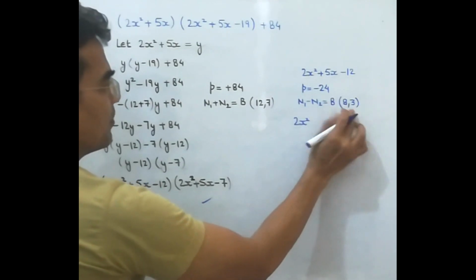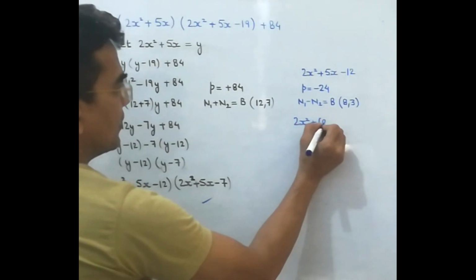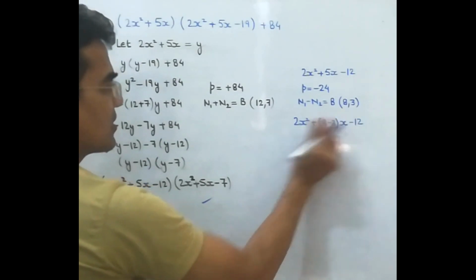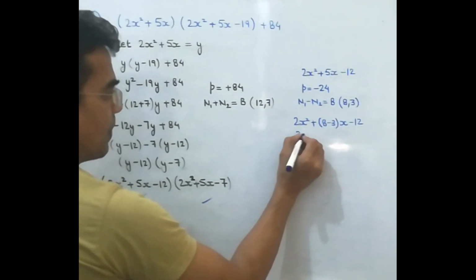So this b will be replaced by n1 minus n2. Rest remains as it is.